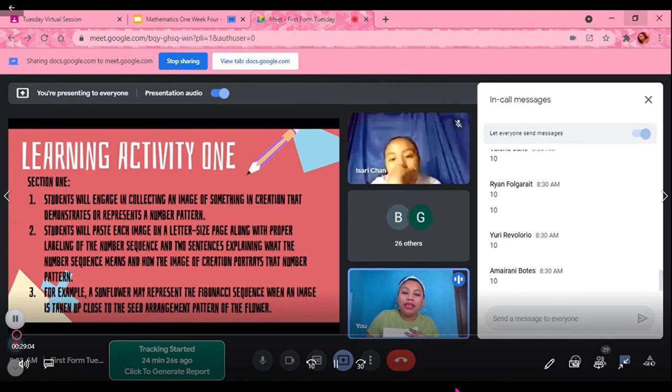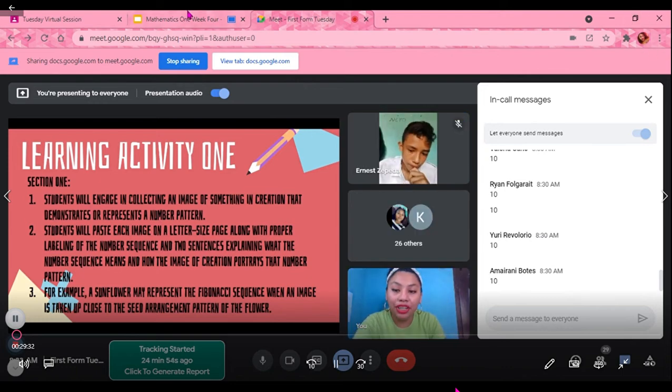And then at the bottom, you're going to tell me, my picture of a flower represents an arithmetic pattern because it shows addition or subtraction. My picture shows a geometric pattern because it is showing multiplication. That is what I want to see on this part of the assignment. Everybody understands what they're going to be doing for this part?